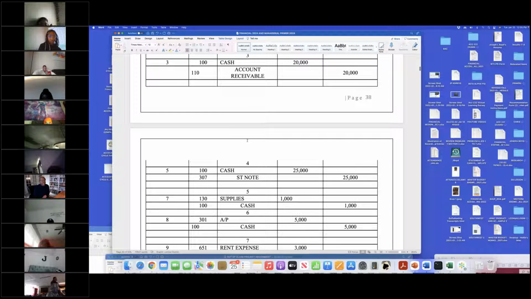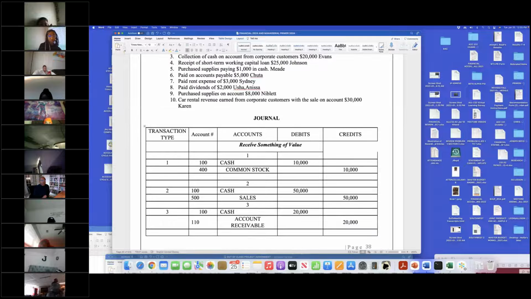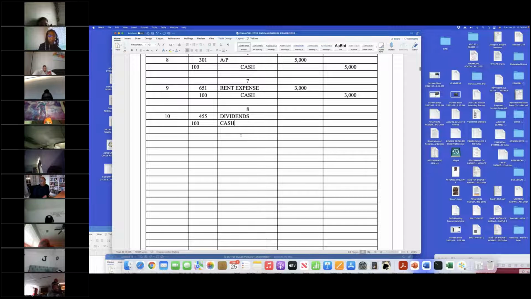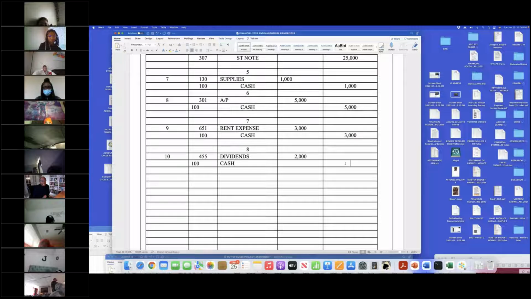What happens next? On transaction 9, instead of using our debit card, we use our credit card to buy something. So we don't have to pay the cash right away.